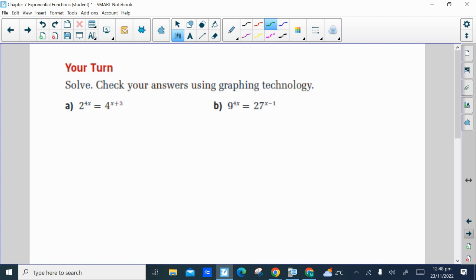This one says solve, and then we can check our answers using graphing technology. So we can check our answer on the graphing calculator. So again, in this case, we can write both sides with a base of 2 because 4 is 2 squared.